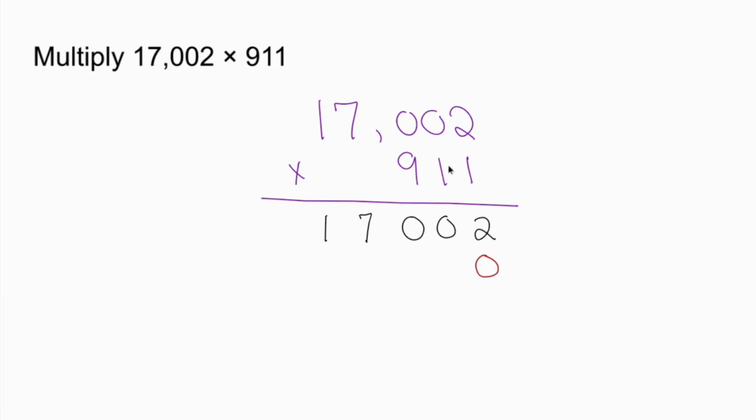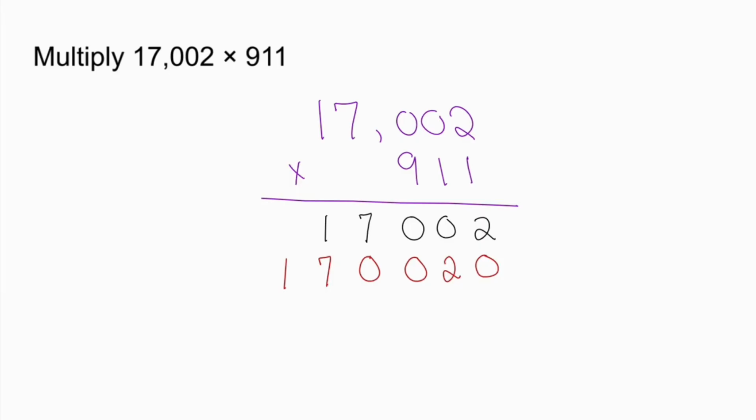Now we follow the same exact process, multiplying 1 to every number starting from the right and moving your way to the left. 1 times 2 is 2. 1 times 0 is 0. 1 times 0 is 0. 1 times 7 is 7. 1 times 1 is 1. Again, same exact numbers because we multiplied 1 both times.